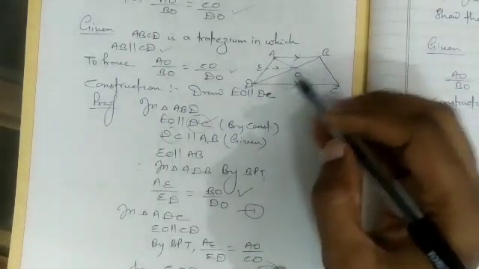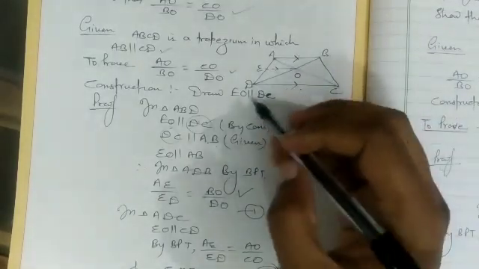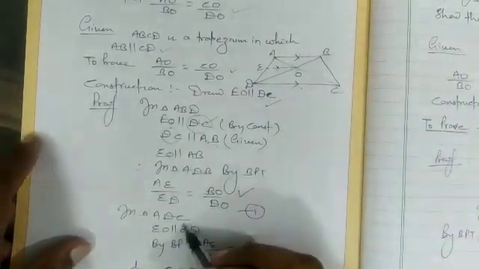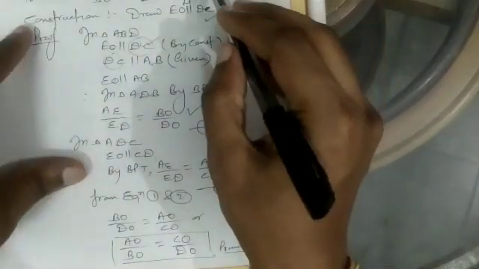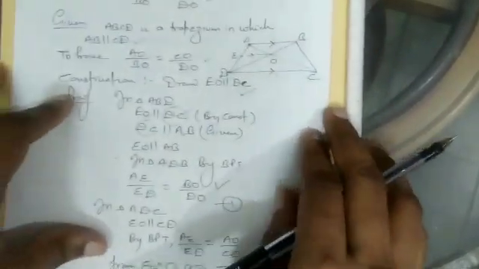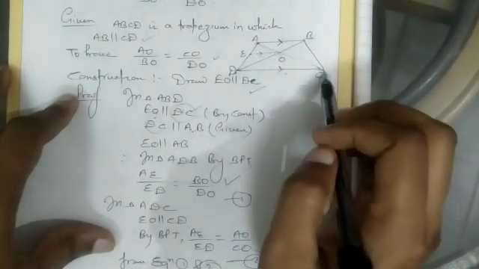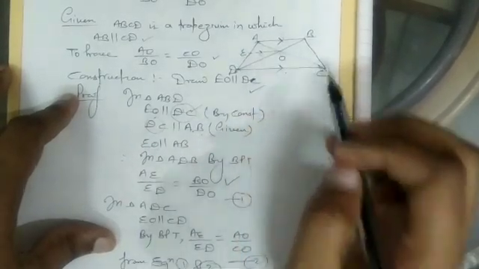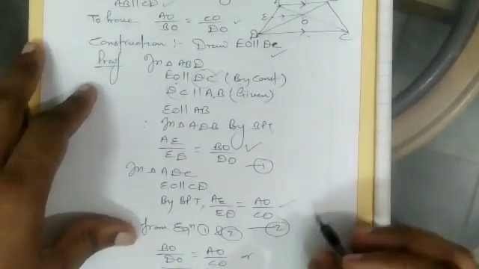In triangle ADC, EO is already parallel to CD by construction, so we can apply BPT theorem in triangle ADC. In triangle ADC, AE upon ED equal to AO upon OC. This we have written by BPT theorem.